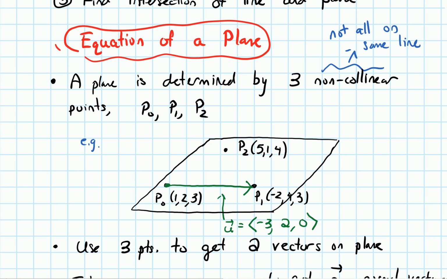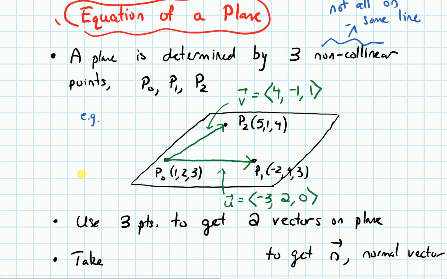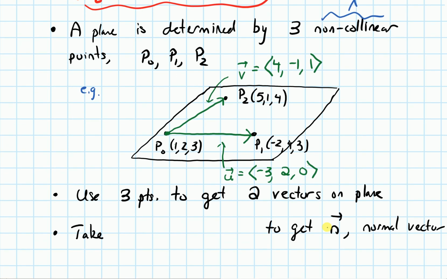I could get another vector by drawing from P0 to P2. Let's call this vector V. If I do the same thing to get its coordinates, I would have (4, -1, 1). So that is the vector V. Now that we have these 2 vectors that are on the plane, what are we going to do to get a normal vector, which I'll call n?